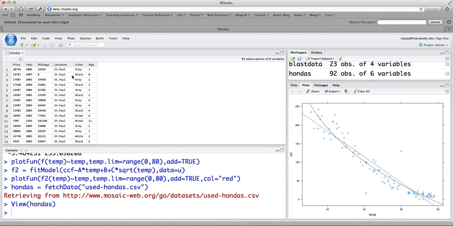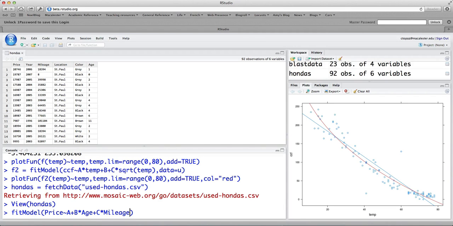So we're going to try to make up a very simple model for this, and we're going to do fitModel, price as a function of, and we're going to make up a simple function that's linear in age and mileage. So a linear function can have a constant in it, and we'll do A plus B times age plus C times mileage.